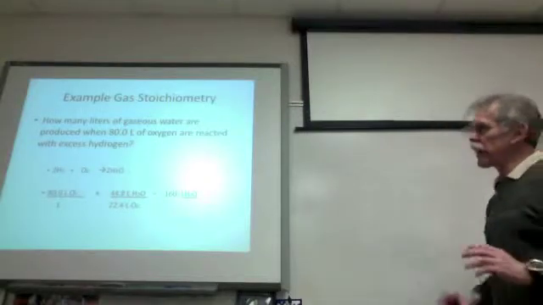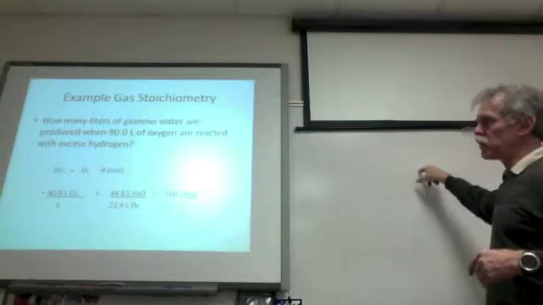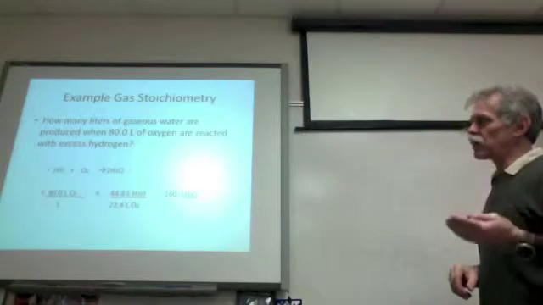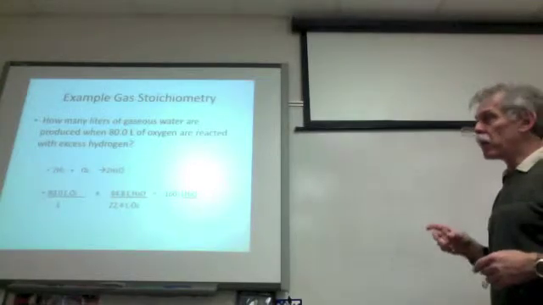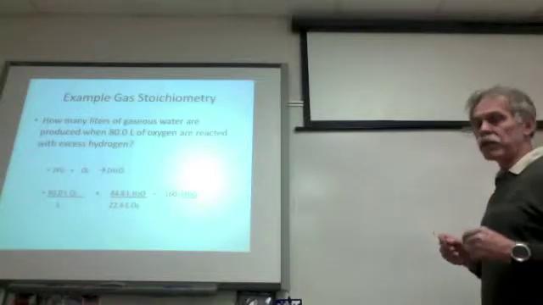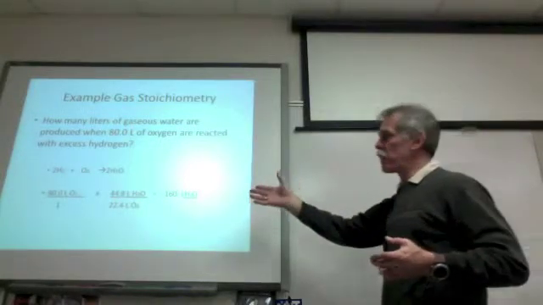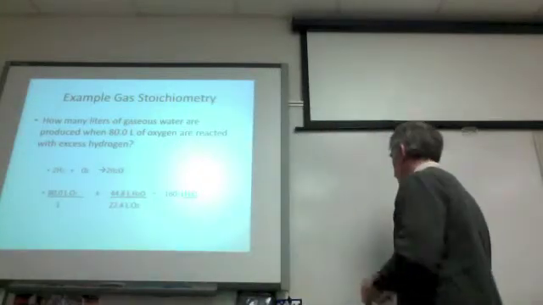How many liters of gaseous water, that's our unknown, so you write unknown in liters H2O, are produced when 80 liters of oxygen are reacted with excess hydrogen? 80 liters of O2, that's our known. So when we write it, you can see on the notes, we end up with the 80.0 liters O2 over 1 in the first blank.